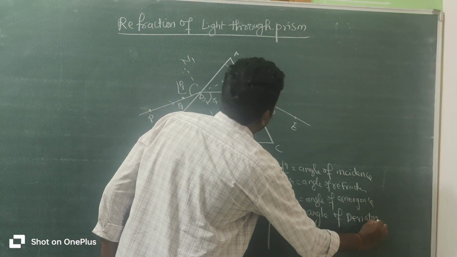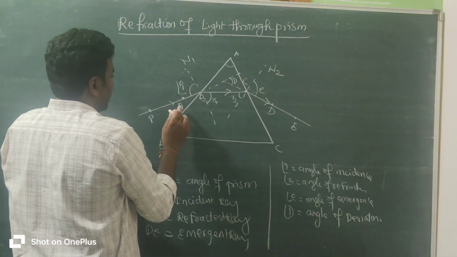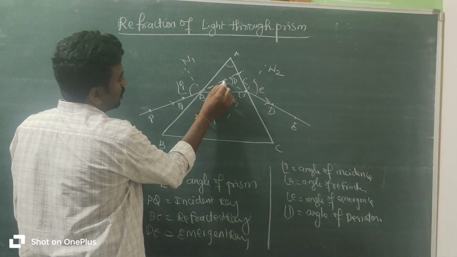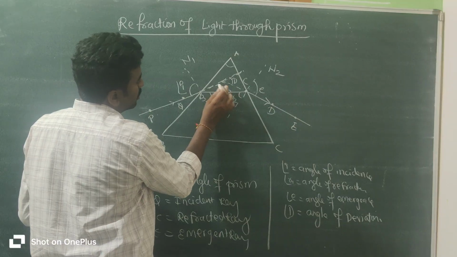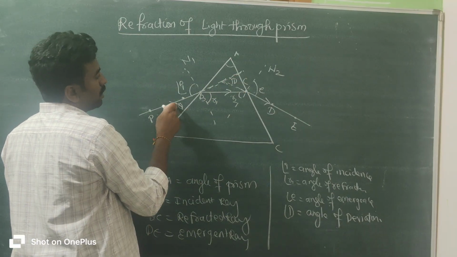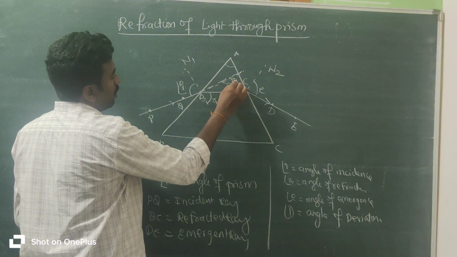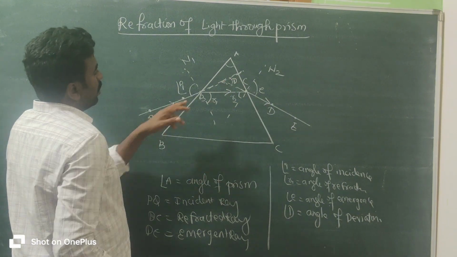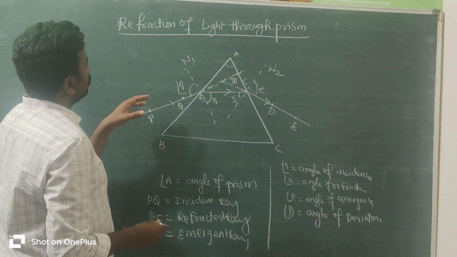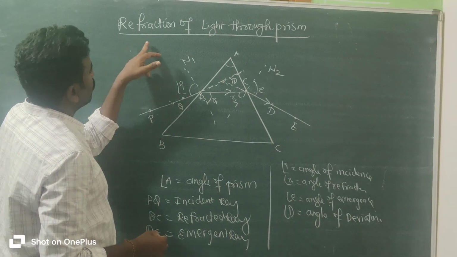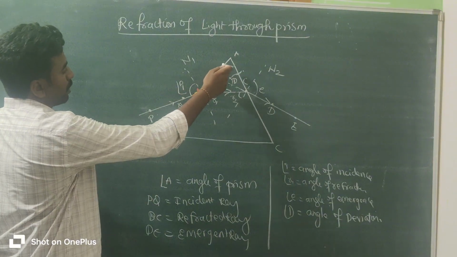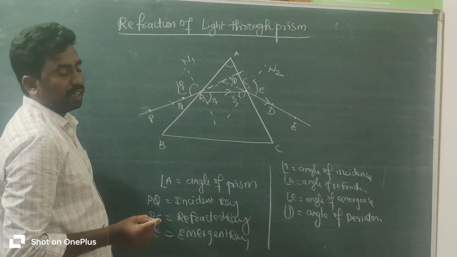It is related to the extension of the first incident ray and the backward extension of the emergent ray. And here this angle is called the angle of prism. So in refraction of light through a prism, we mainly have to observe the angle of refraction and the angle of deviation.